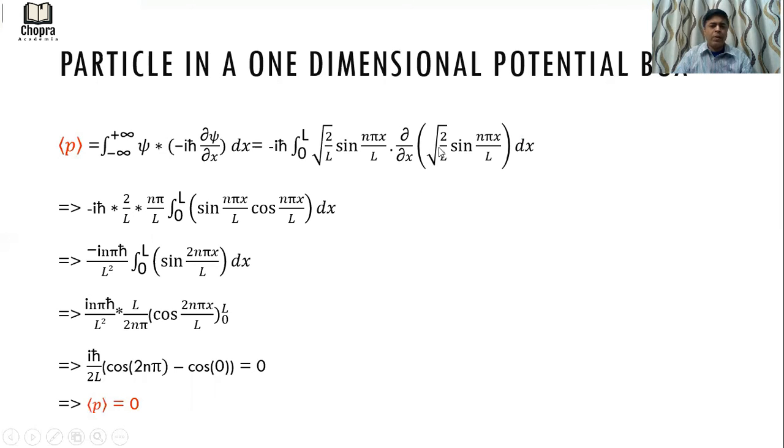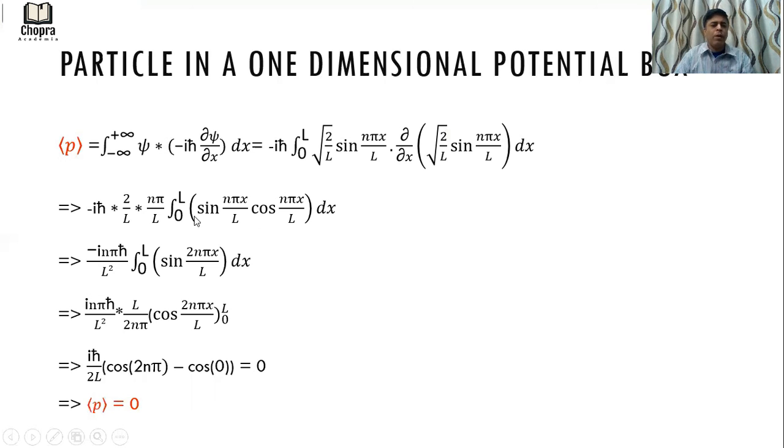So we take out root of 2 by L outside. There are all these constants outside, and then we also differentiate the right hand side sine n pi x by L. We get n pi by L cos of n pi x by L. So it becomes like this.